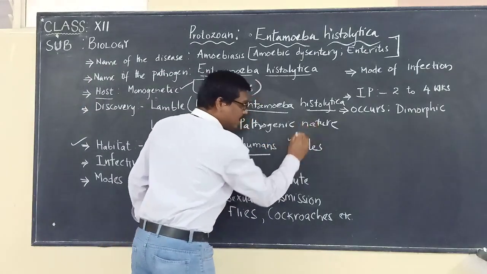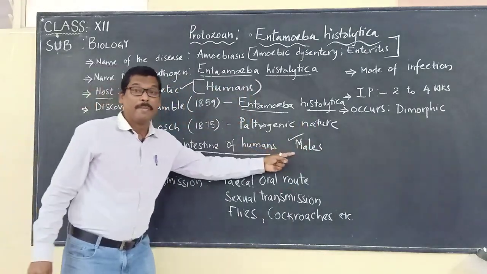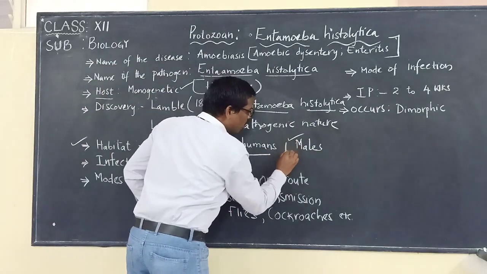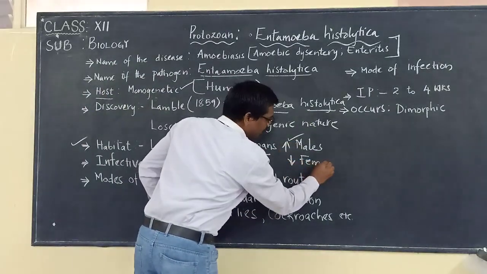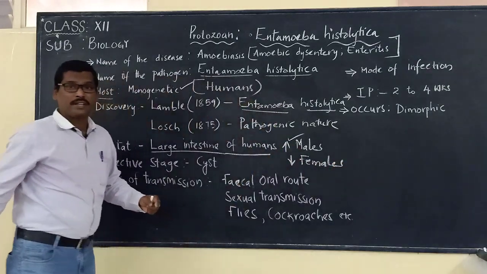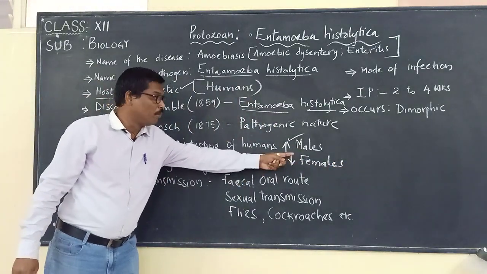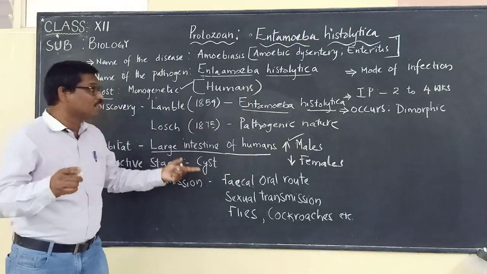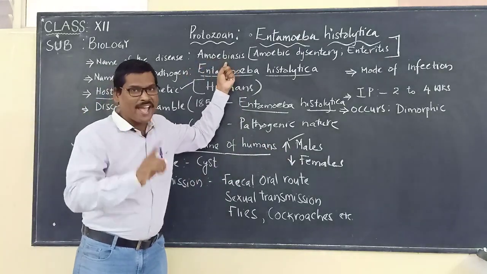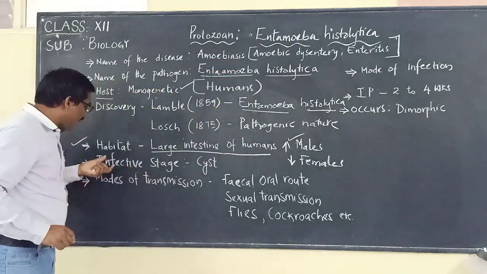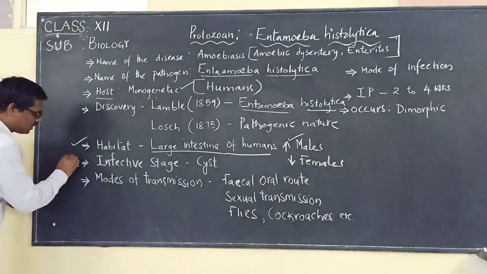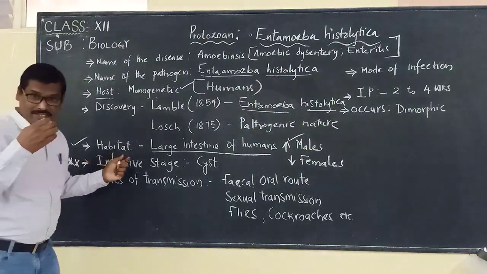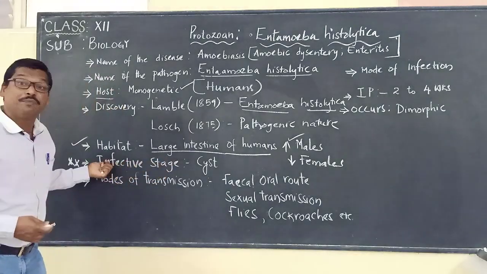In humans, it is more seen attacking males and less the females. So this is what we have to keep in mind. More males are being attacked by a disease called amoebiasis.